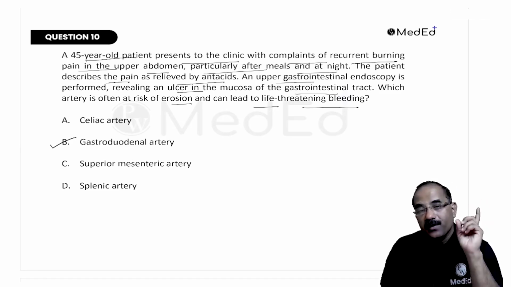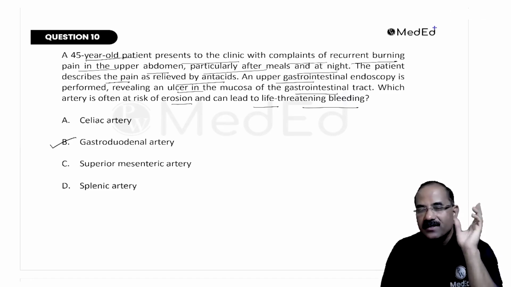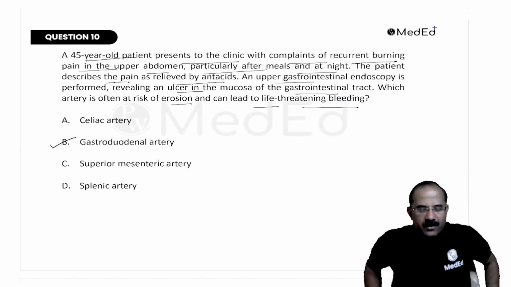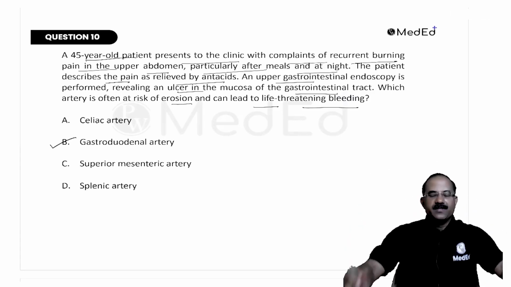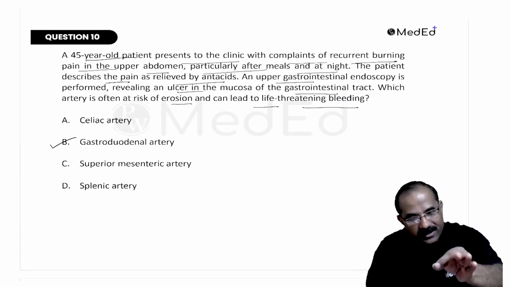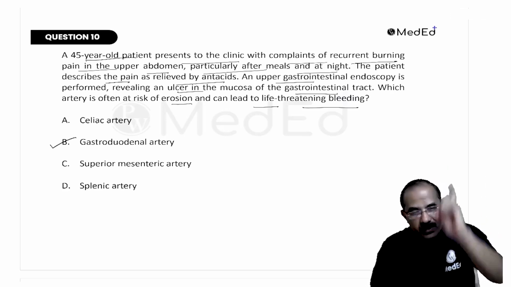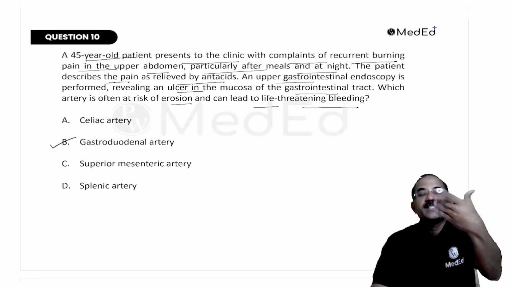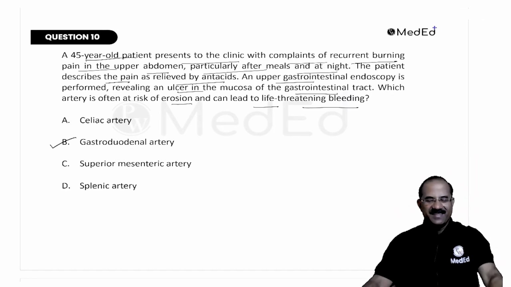So now you tell me, where is the ulcer? Which part of GIT is the ulcer? Can you tell? Very good, very good. Excellent. So which part of GIT is the ulcer located? Or in other words, this gastroduodenal artery, it is related to which organ? Yes.